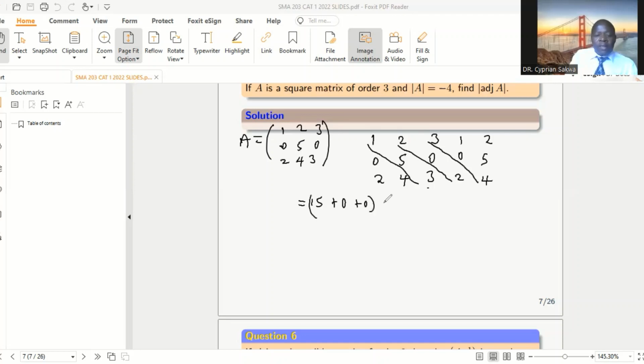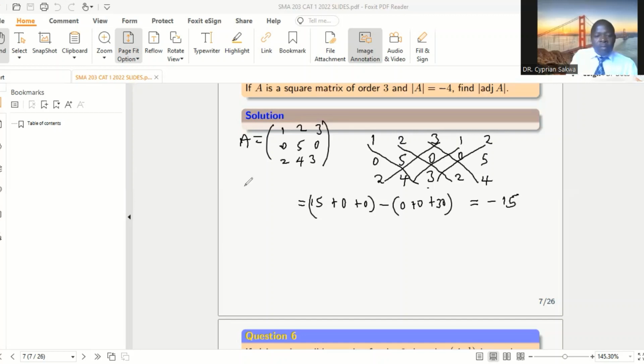Then these results subtract the sum of, when I multiply along this diagonal, I have a 0, plus, along this other diagonal, I have a 0, plus, along this other diagonal, I have 30. So the determinant of this matrix, therefore, is negative 15.